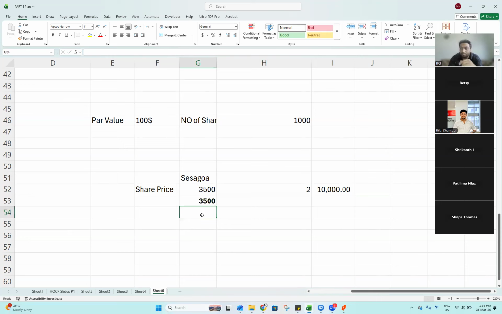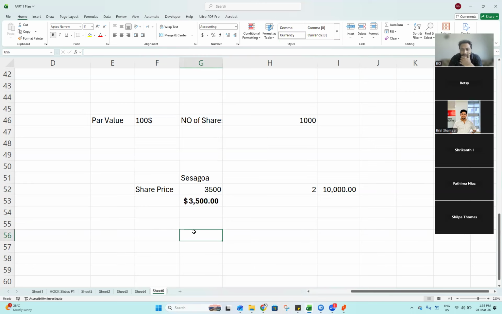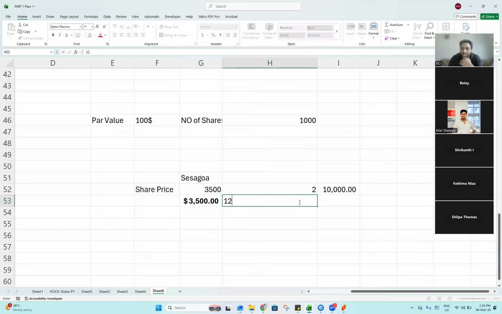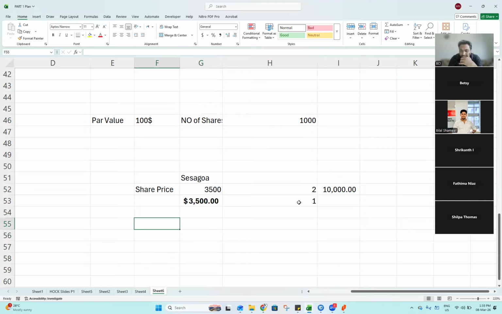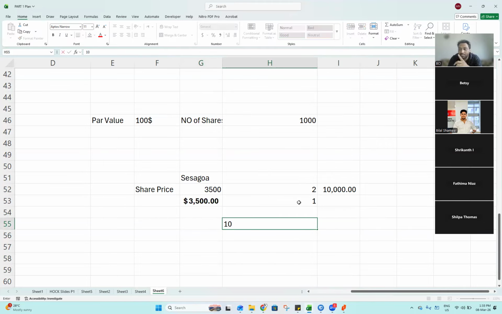Now, after I bought the share, the company declared a stock split. So how much money did I invest? 3,500. Stock split means whoever has one share, their share will be divided into 10. Now how many shares do I have? 10 shares. So what is my each share value? Is it 3,500 into 10?